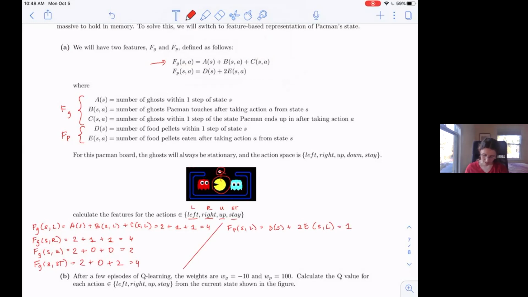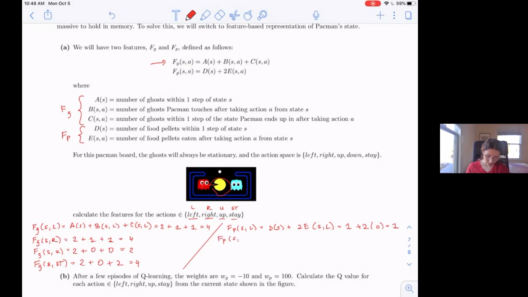So we have 1 plus 2 times, and E is the number of food pellets eaten after taking the action A from state S. So if Pac-Man is here in the center and decides to go left, he won't have eaten any pellets, so the total feature count here is just 1.